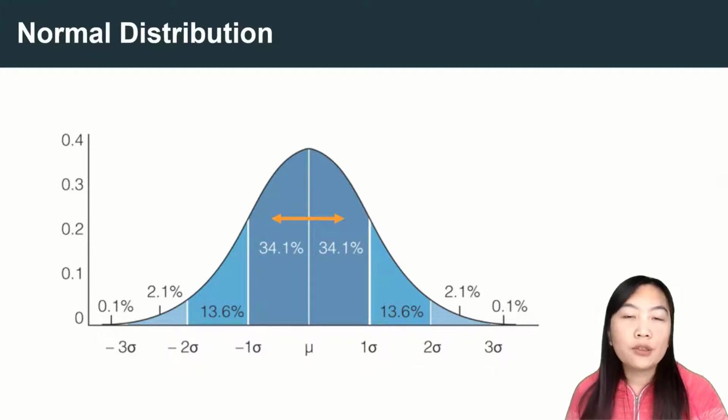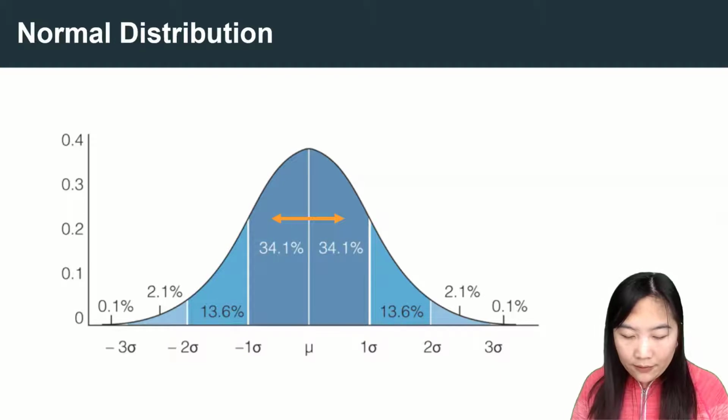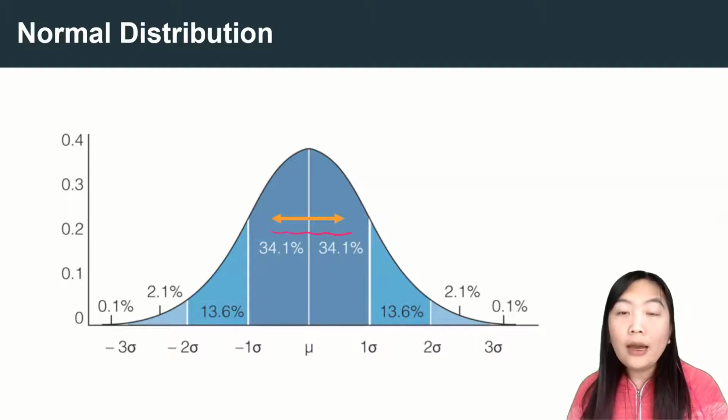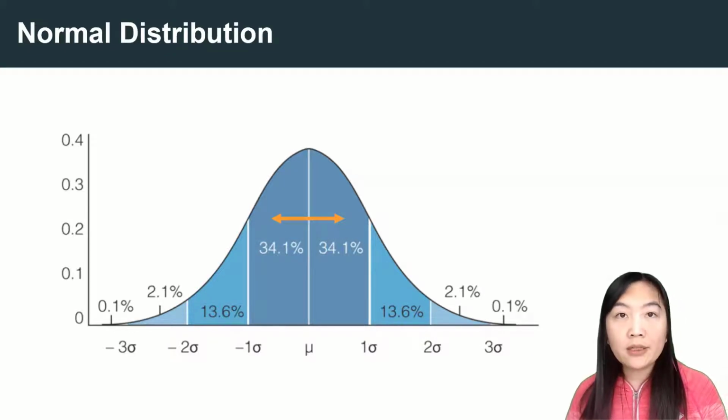If you have taken a statistics course, you must know this distribution, which is the normal distribution. I have an arrow here, and that arrow is showing the spread of this distribution. And as we mentioned, the more dispersion or more spread, the higher the risk.